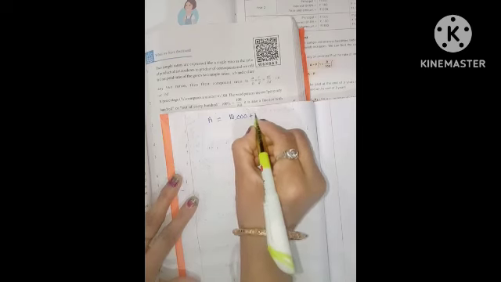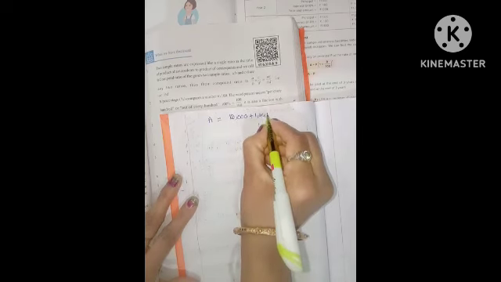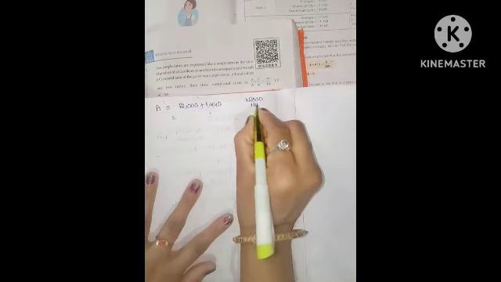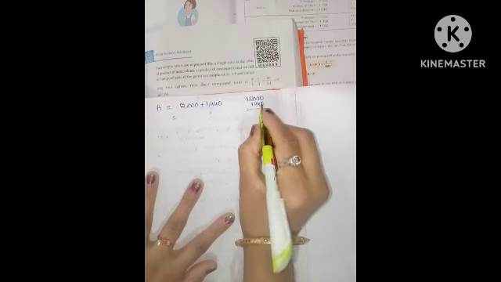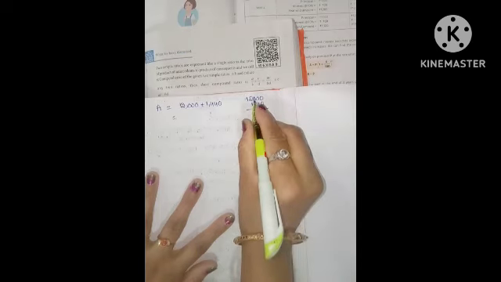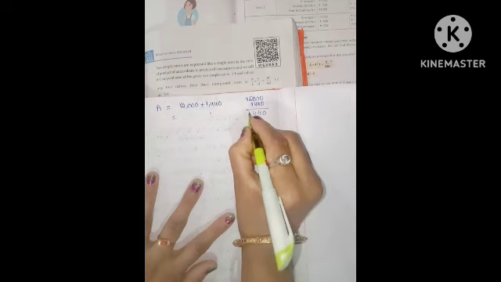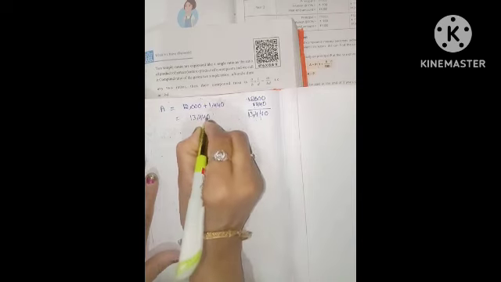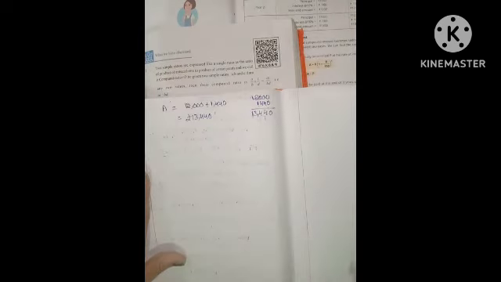This is the rough calculation, write it on the right side. 0 plus 0 is 0, 0 plus 4 is 4, 0 plus 4 is 4, 2 plus 1 is 3, 1. So 13,440 rupees is the amount on simple interest.